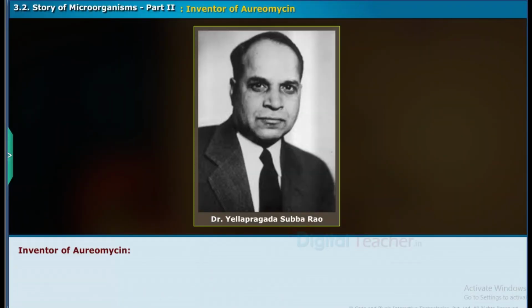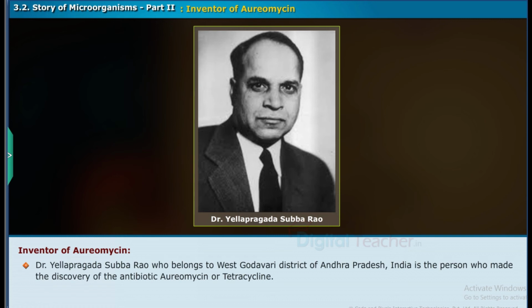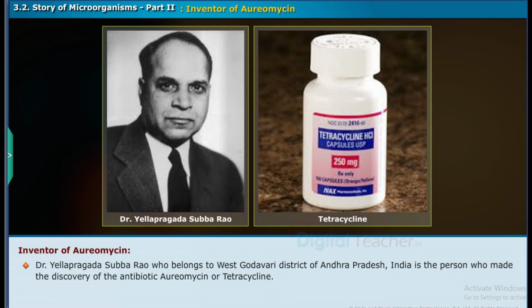Let us study about the inventor of aromycin. Dr. Yellapregada Subbarao, who belongs to West Godavari district of Andhra Pradesh, India, is the person who made the discovery of the antibiotic aromycin or tetracycline.